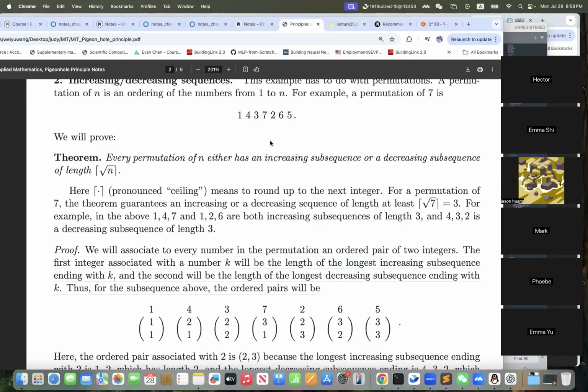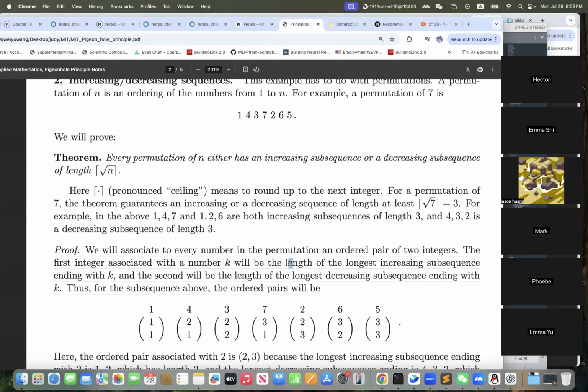Maybe Amayu, can you help us explain why the pair corresponding to number 3 is 2, 2? Still this permutation. So what does this 2 mean? No, this is the first number of the pair, right? So what does the first number of the pair correspond to?